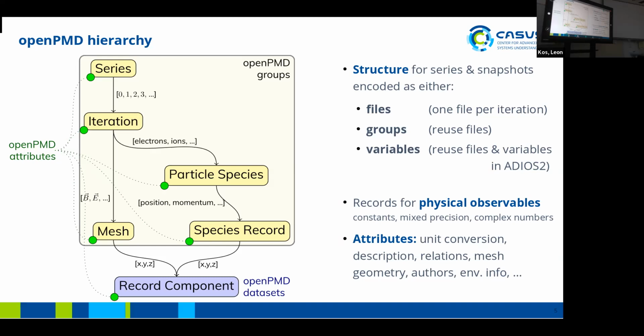So I/O happens in steps, and they correlate with simulation steps, for example. So you write one step, and then you say, okay, this step is now finished, in a somewhat atomic way.